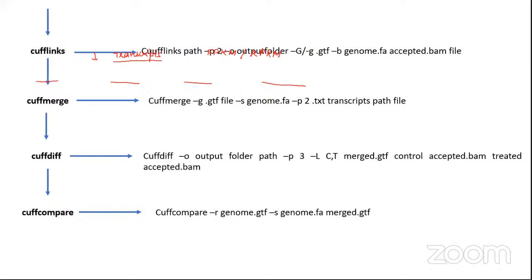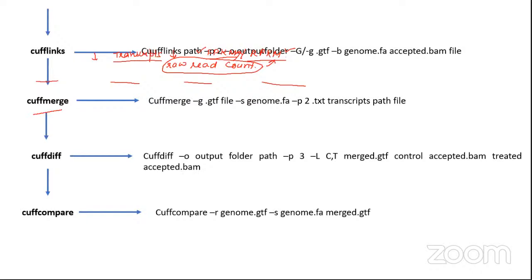And if any tool you are using does not give RPKM, FPKM, but it will give you the raw read count, I have shown you the formula for this. From this read count also, this can be calculated in Excel very well.